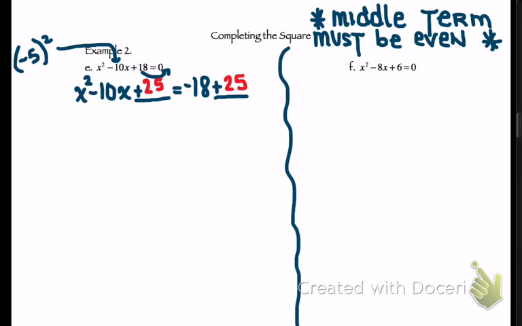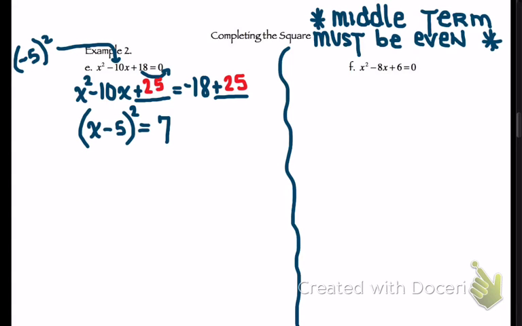Left-hand side, now I can factor that. Two numbers that multiply to get positive 25 and add to get negative 10. It's going to be negative 5 times negative 5.